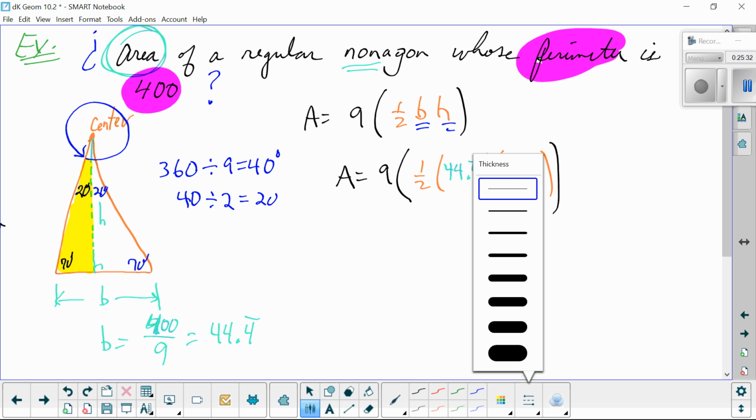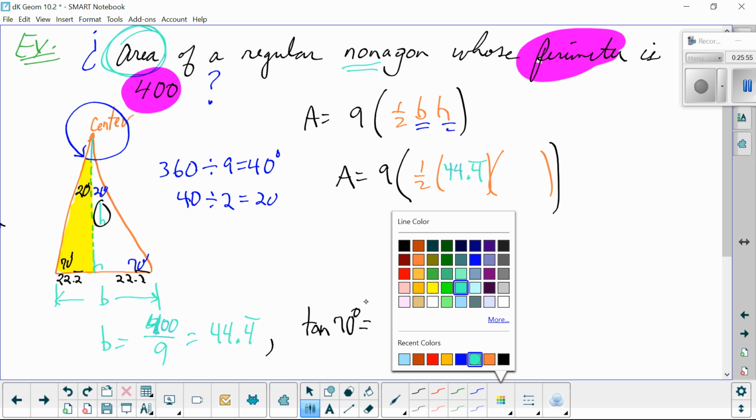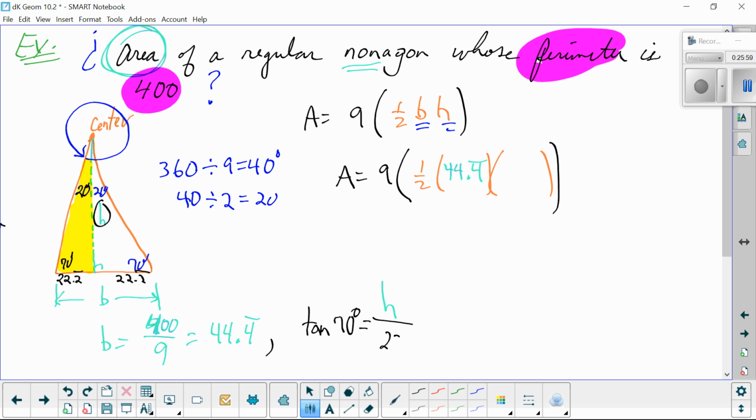So if you divide that by 2, the side is 22.2 repeating. And then in our right triangle, define H at the 70-degree angle. That's opposite and adjacent. So we have tangent 70 degrees is equal to the opposite side divided by the adjacent side.